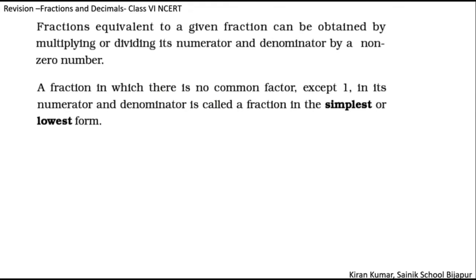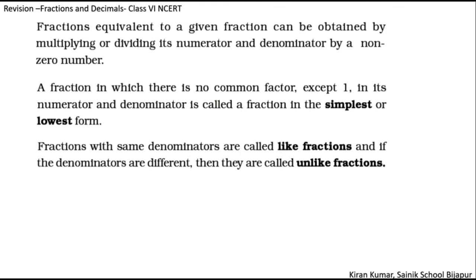Fractions with the same denominators are called like fractions, and if the denominators are different, they are called unlike fractions. Addition or subtraction of like fractions can be done by adding or subtracting their numerators.